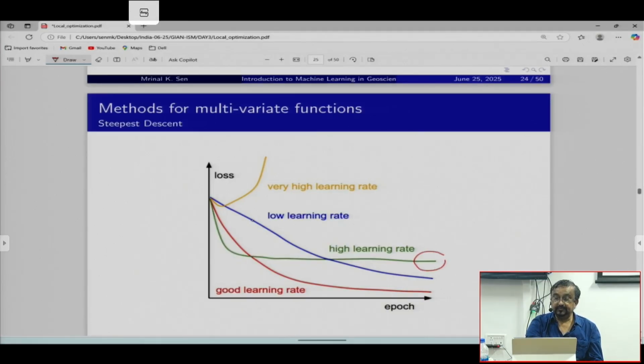If you use a very low learning rate, then the convergence is very, very slow. It might take 10,000, 20,000 iterations, and you don't want that. So you want to choose a learning rate that steadily decreases the loss function, and you have to do that pretty much by trial and error.